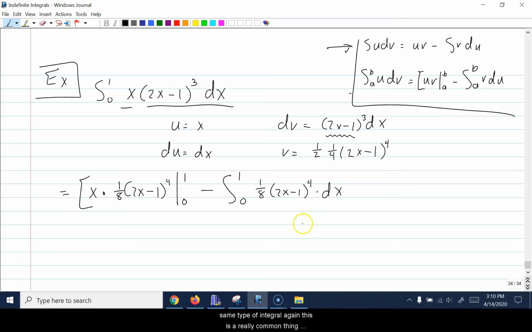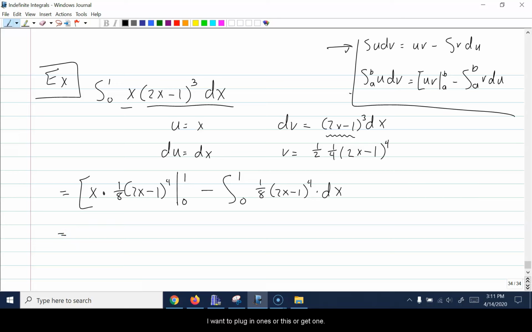So now I'm at the same type of integral again. This is a really common thing in integration by parts. It's not a hard and fast rule, but very often the new integral you need to do after the parts is basically the same as the old integral you did to set up the integration by parts. It's very often that those come out the same.